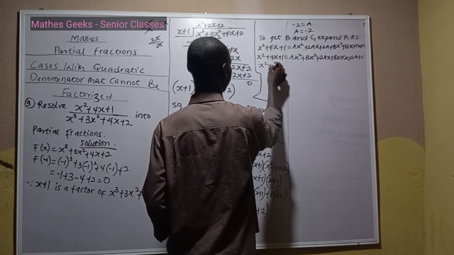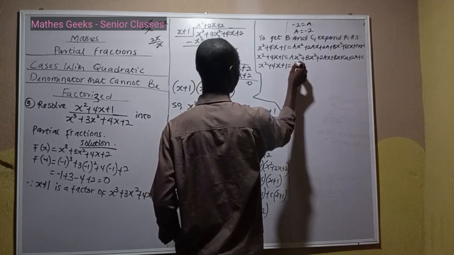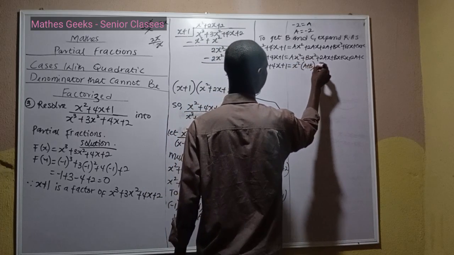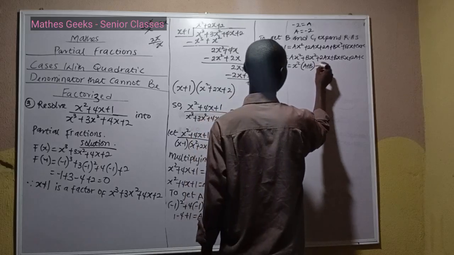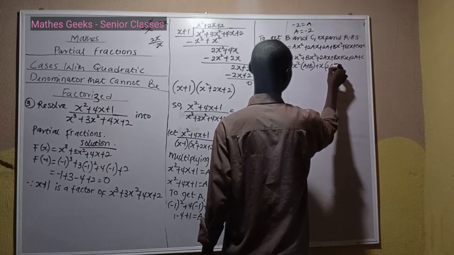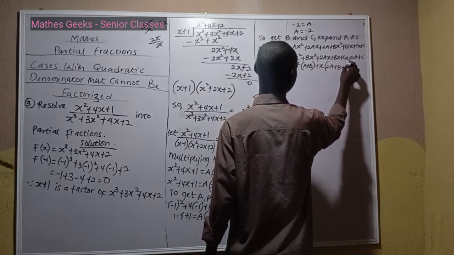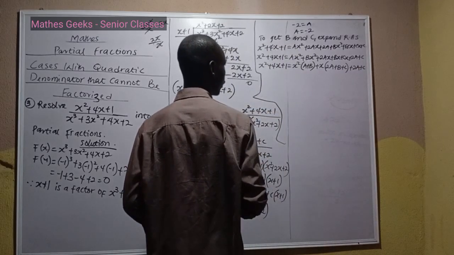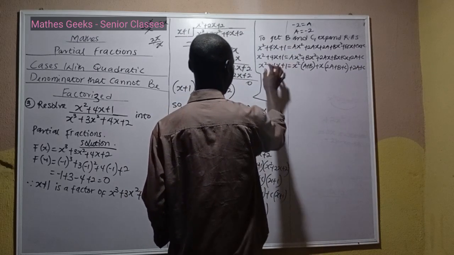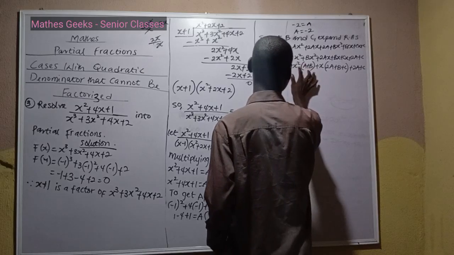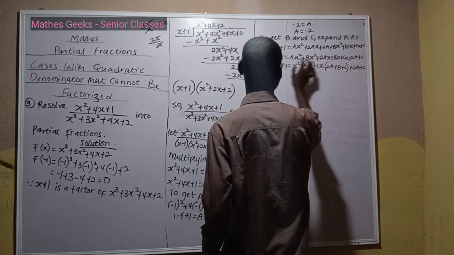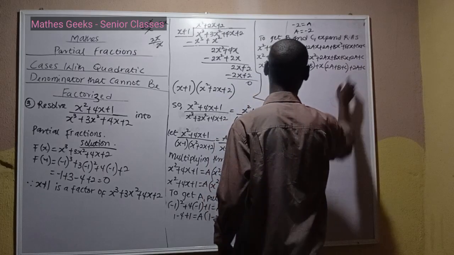So x squared plus 4x plus 1 equals x squared (a plus b), plus x (2a plus b plus c), plus 2a plus c. In this form, we equate the coefficients in x squared to this, the coefficients in x to this part, and the constant term to this part.